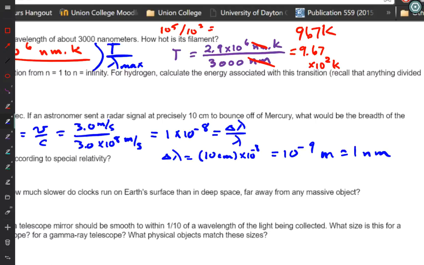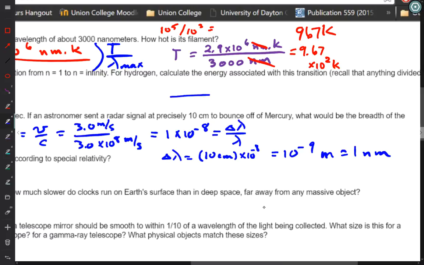So how wide would my line be if it's shifted up 1 nanometer on one side and down 1 nanometer on the other? I'm going to draw a picture. Here is my 10 centimeters.